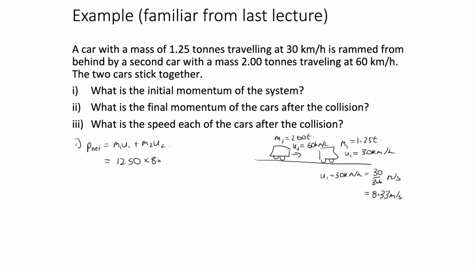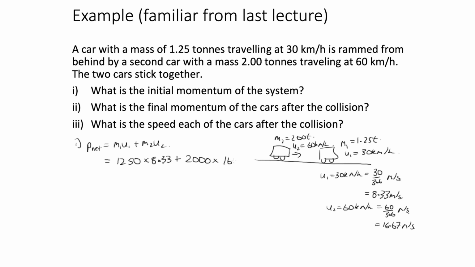So this is times 8.33 plus M2, which is 2,000 kilograms, times U2, and U2 is equal to 60 kilometers per hour, which is 60 over 3.6 meters per second, which is equal to 16.67 meters per second.